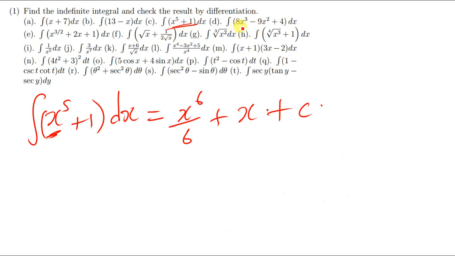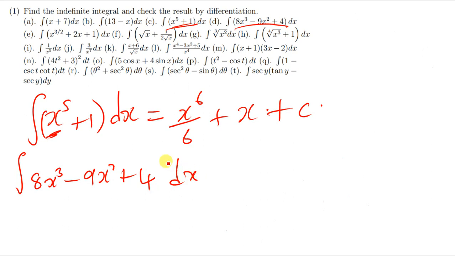So let's quickly also integrate this one. So the integral of 8x to the power 3 minus 9x squared plus 4 with respect to x. Integrating this with respect to x, the first one, we're going to have 8x, this power 3 plus 1, we're getting 4, then divide by the new power, which is 4.